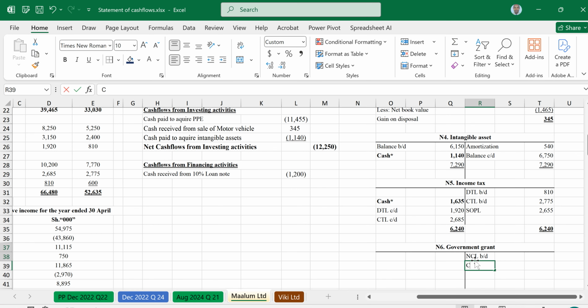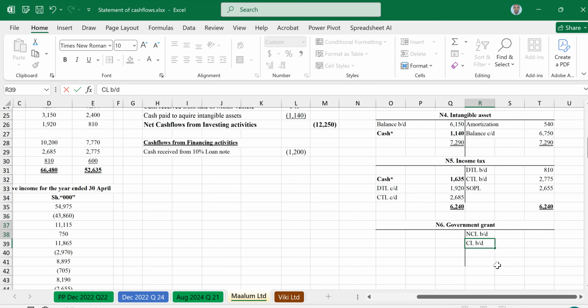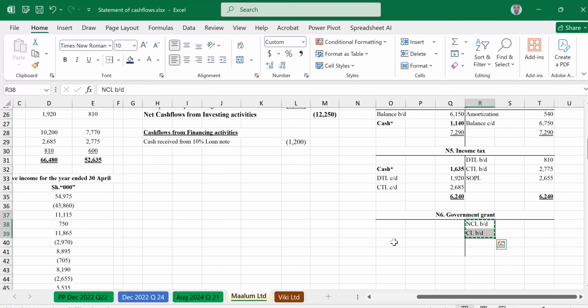We also have current liability brought down. And in the same note, we also have the other part, the carried downs, on this side.